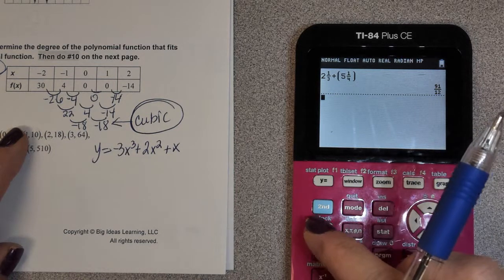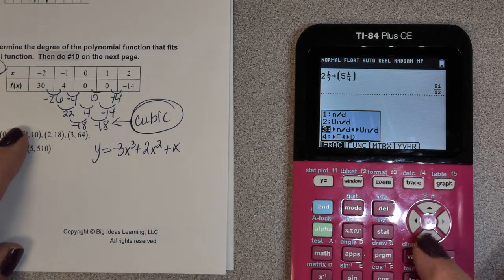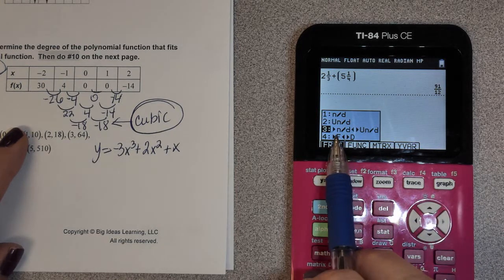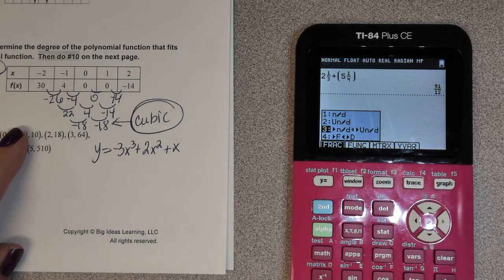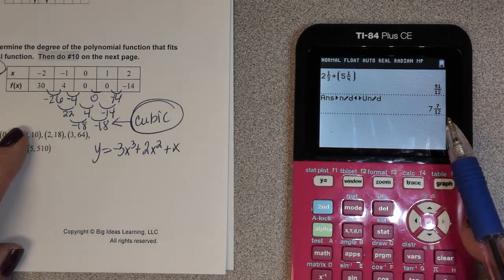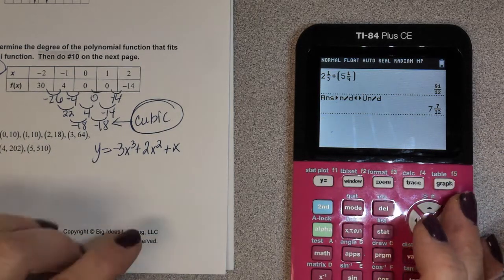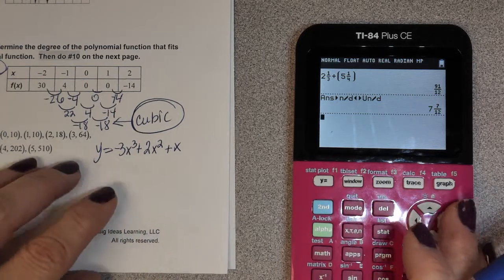So then I can go back to alpha F1 and I can push this. I think it would be this one. So this is going to take me to n over d to this form. So if I push that, it changes it to mixed number form for me. Kind of cool things. So check those out. You'll be impressed with some of the things you can find under all these shortcut menus.